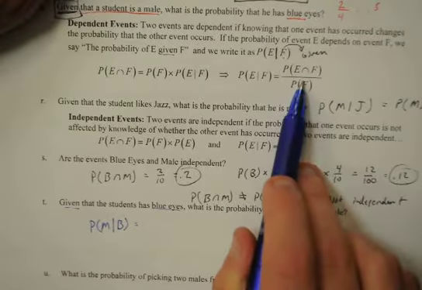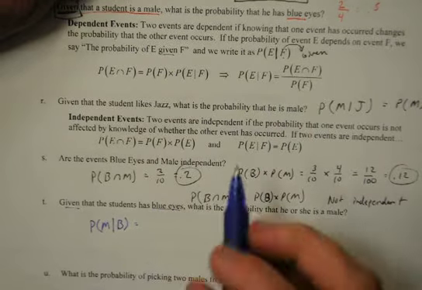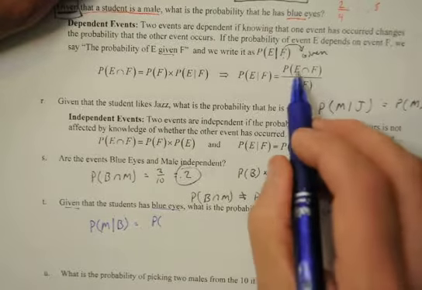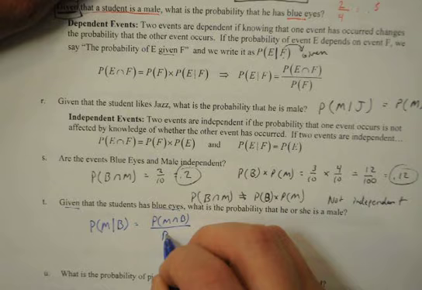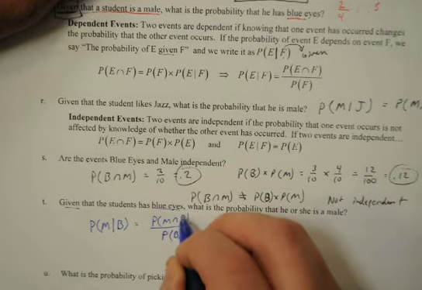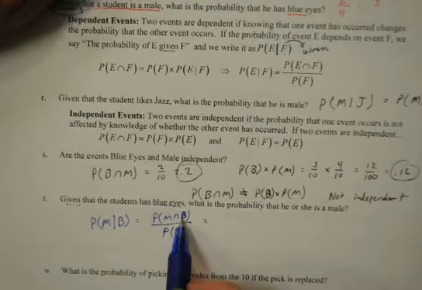If we're going to write this out using this equation, if I want the probability of E given F, or probability of M given B, it's the probability of male and blue eyes divided by the probability of blue eyes. So, what's the probability of male and blue eyes?